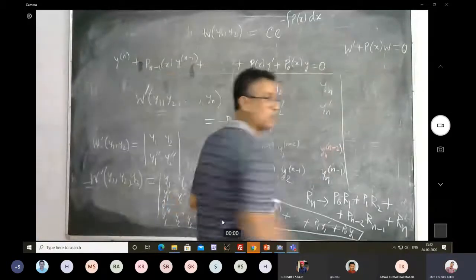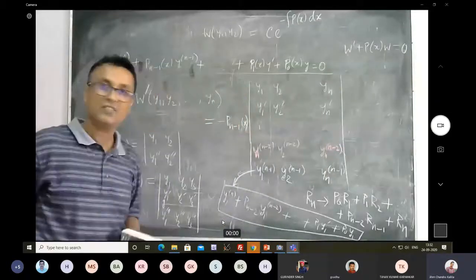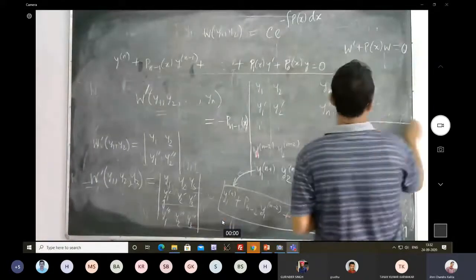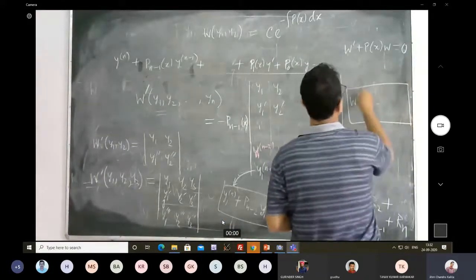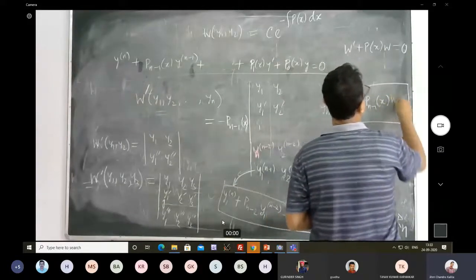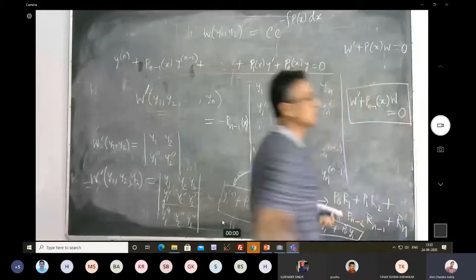From this equation you are going to get that. So we have an equation: W prime plus P n minus 1 x times W is equal to 0.